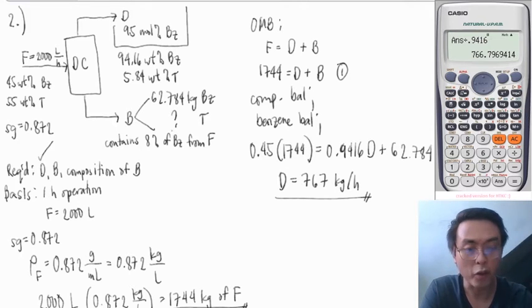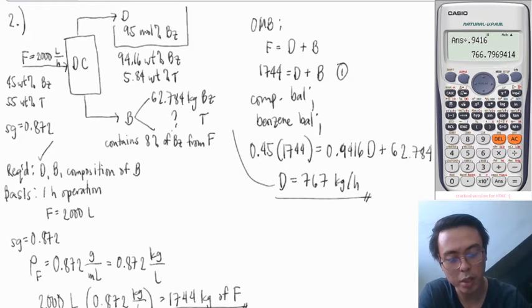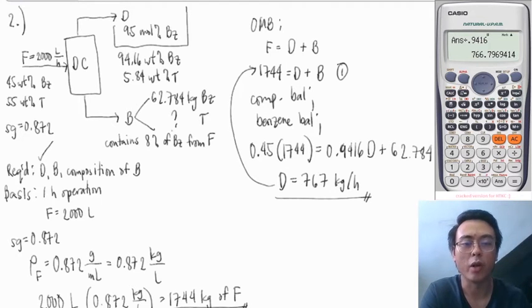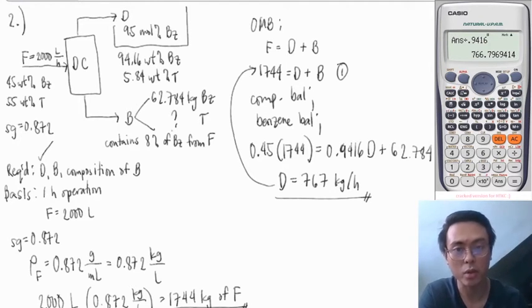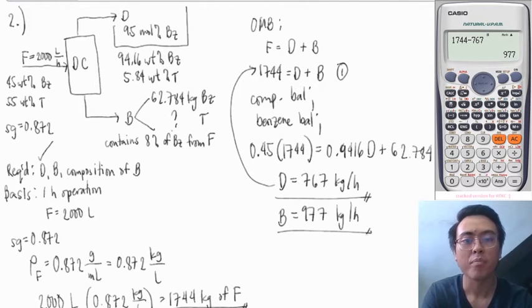Next, to solve for B, you simply substitute the value of D back to your OMB because by then you will only have one unknown. So if you substitute, you can calculate the value of B as 1744 minus 767. You have 977 kilograms per hour for B. Next, composition of B. So how do we determine the composition of B?